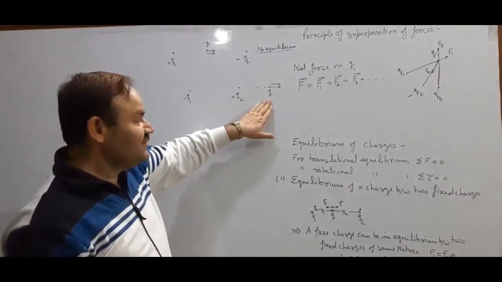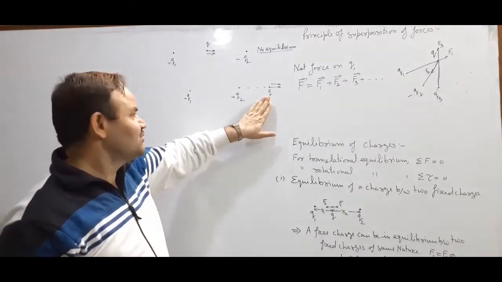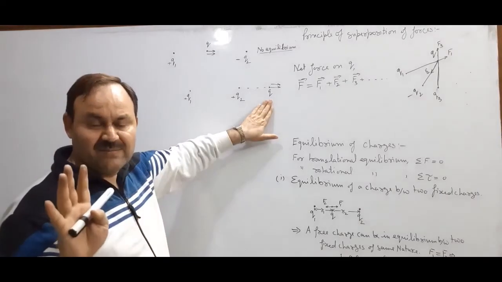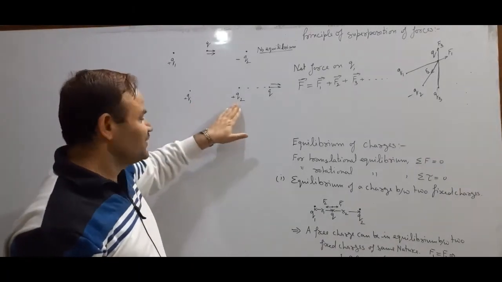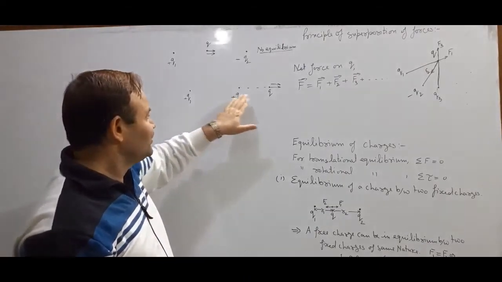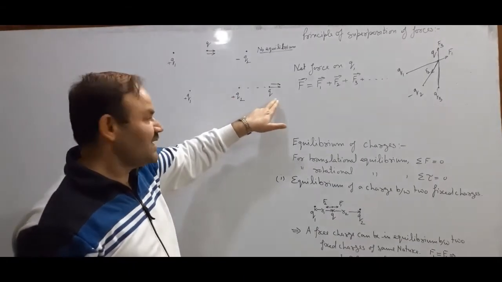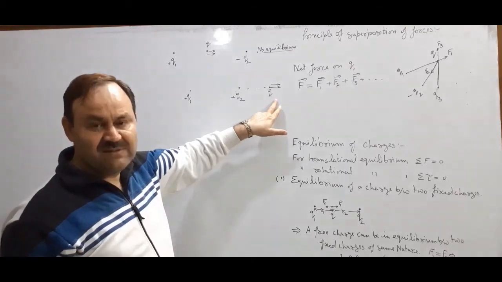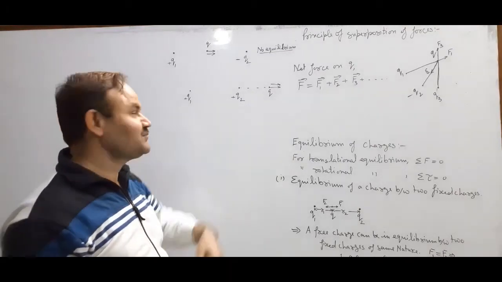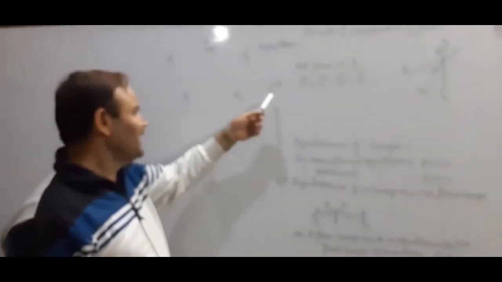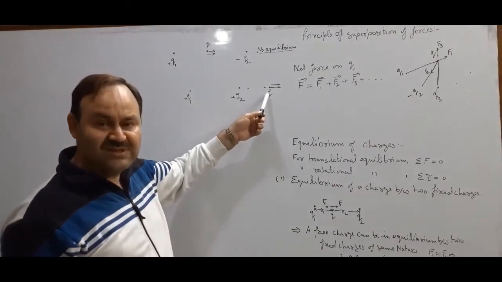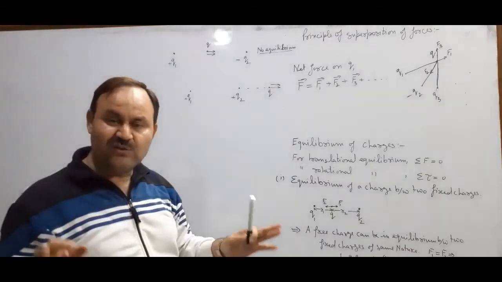Hence, net force on Q can never be zero. So charge Q can never be in equilibrium. So it means outside two fixed charges along the same line, the charge of same nature can never be in equilibrium. In the same way, in other situations, you can also find whether the net force on the charge Q can be made zero or not.